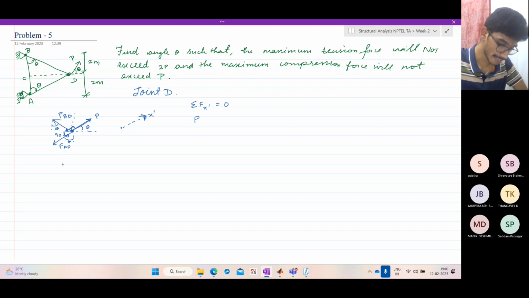So that component, let us take it as this. Let me draw another. So FAD acts this way, P acts this way. So this angle is 90 minus theta.